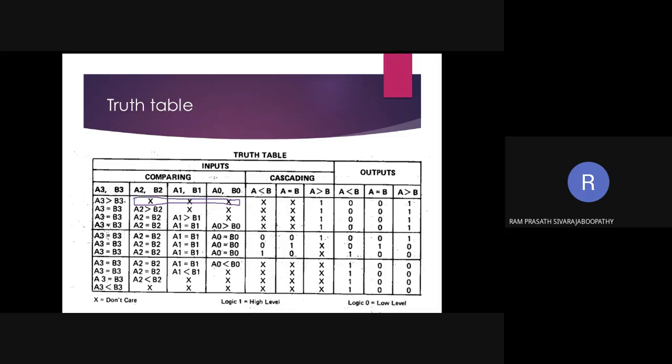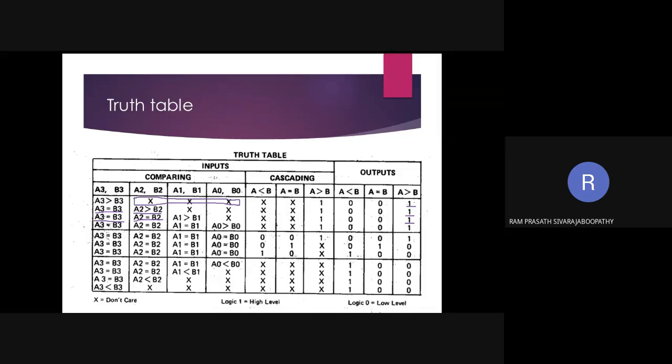So what about the result? A3 greater than B3 means A greater than B. Similarly, A3 and B3 are the same and A2 is greater than B2, now also A greater than B. A3 and B3 same, A2 and B2 same, A1 greater than B1 means the output is 1.